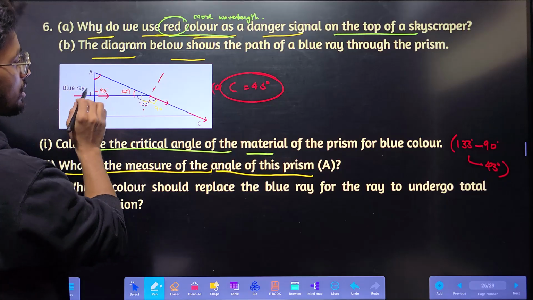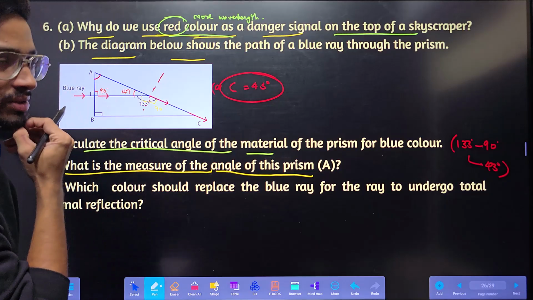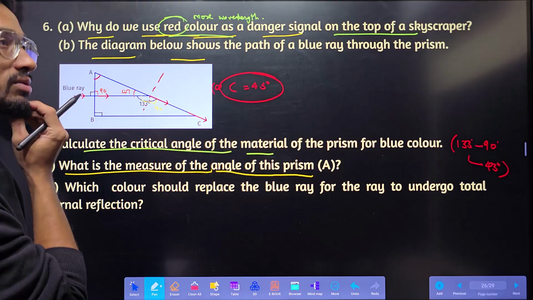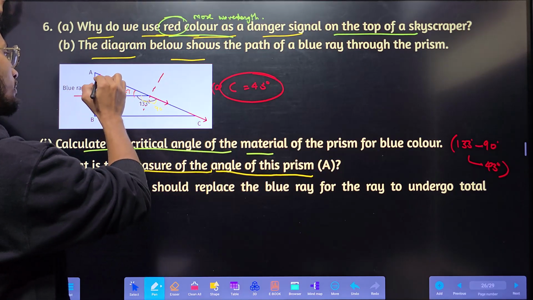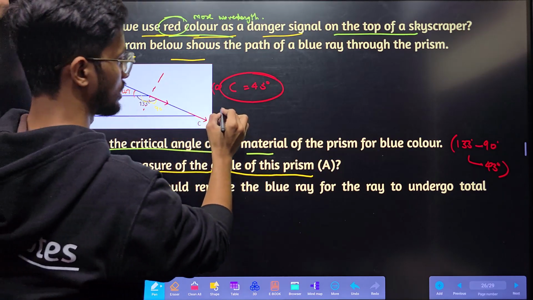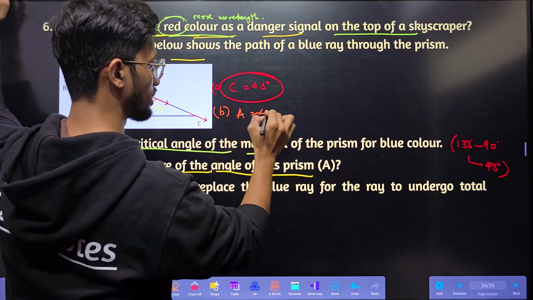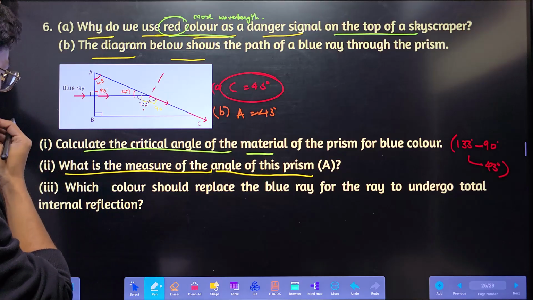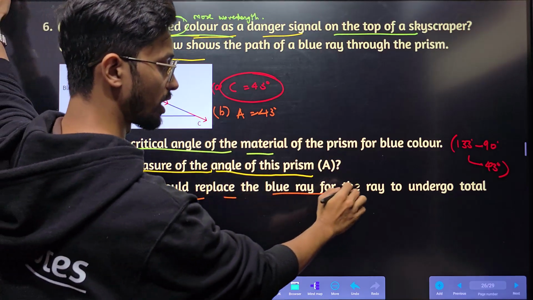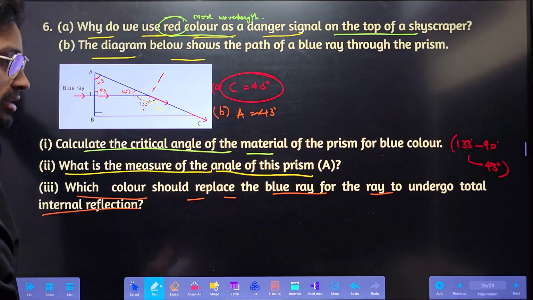So this will be 90 plus 47, which is 137. 180 minus 137 will be 43. The angle of prism is also 43 degrees.